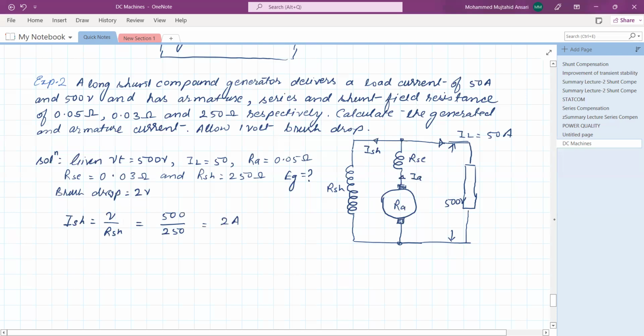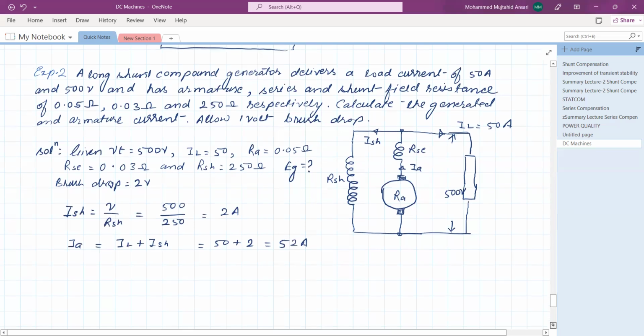Very simple. Now IA, armature current, is IL plus ISH, which is equal to 50 plus 2 equal to 52 ampere. So we get the armature current also, isn't it?